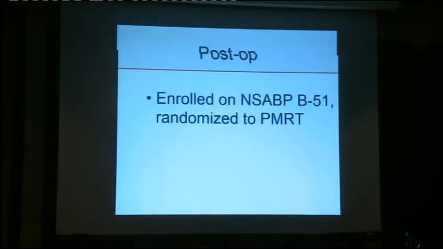So based on this, the patient is enrolled to this trial, which I would like to describe because, as I understand, there is going to be a very similar trial in Europe.